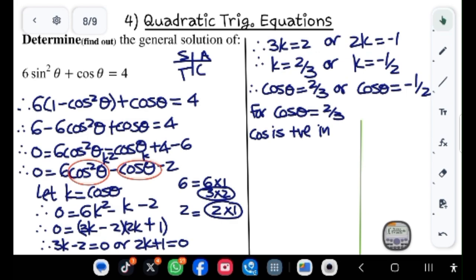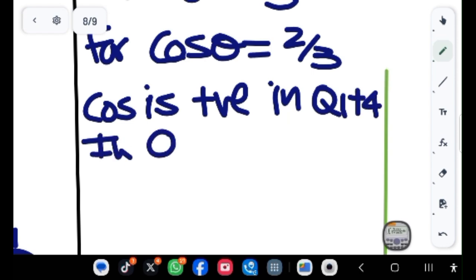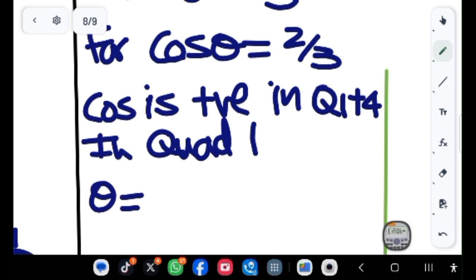Okay. Cos is positive in quad 1 and 4. In quadrant 1, this is the scenario. Our theta will be the reference angle. Okay, first of all, let's find the reference angle.